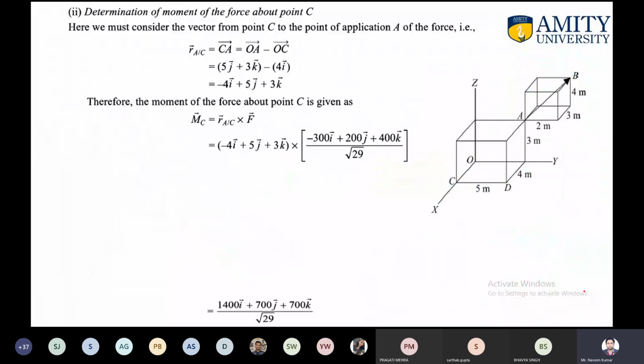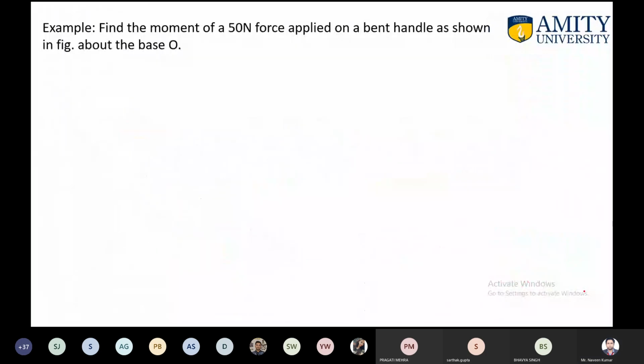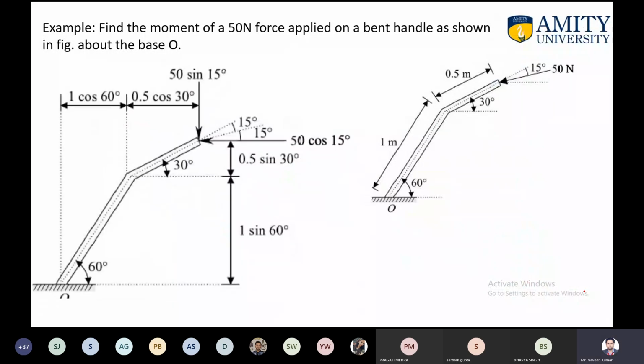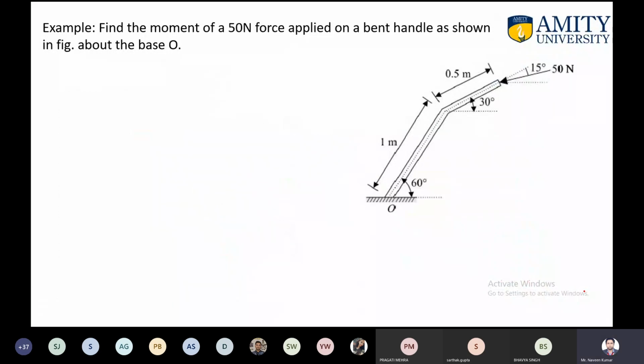Now I am giving you one example to solve. This is the example you have to do. This is the solution part, but I am skipping the solution for you first of all. See the question. This is a very important question, and in an examination maybe they ask you to find the moment of any force about anything.